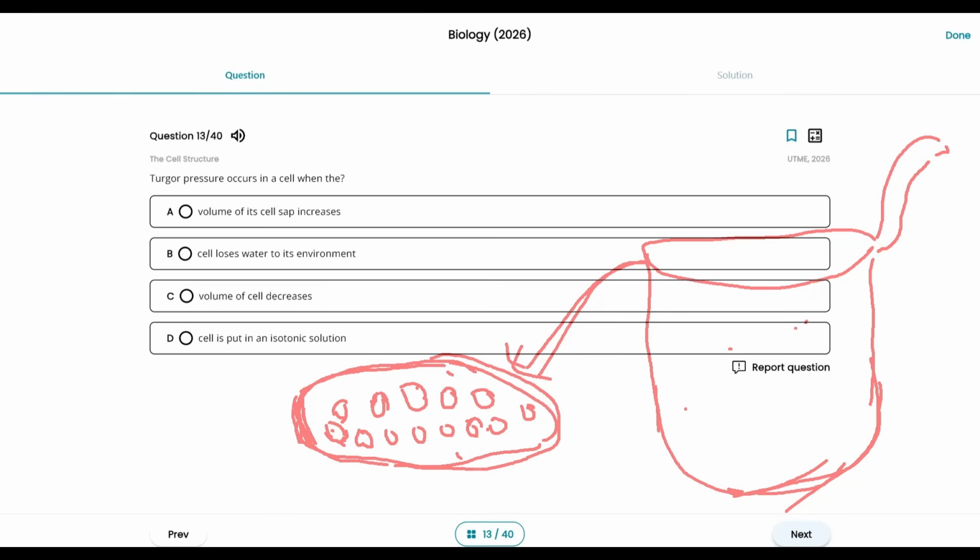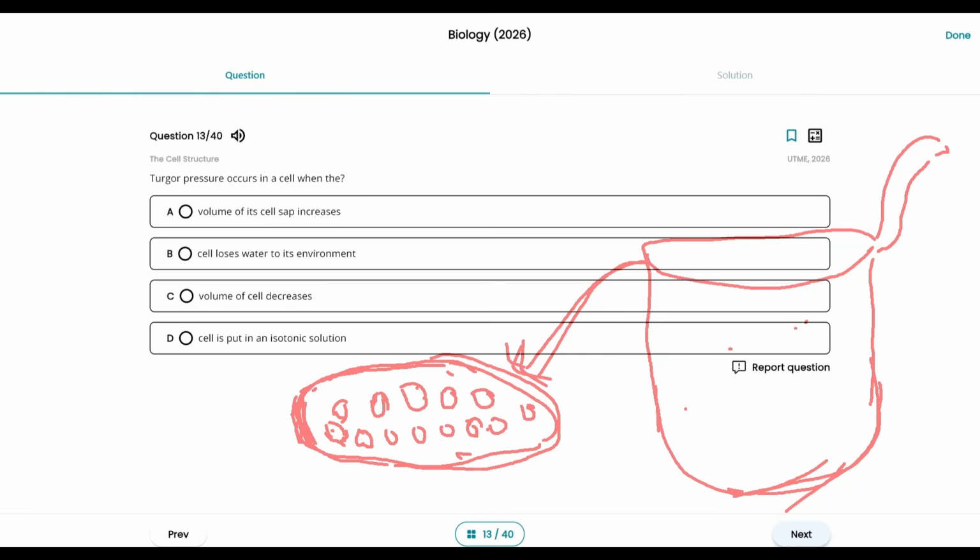Let me repeat again. Turgor pressure is the pressure exerted by the cell content against the cell wall when water enters it.